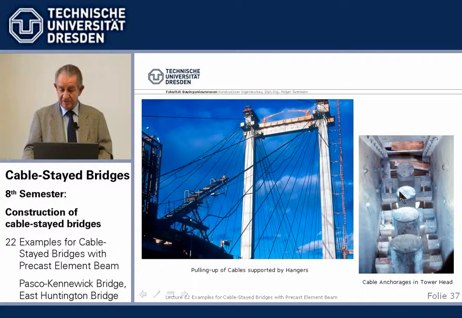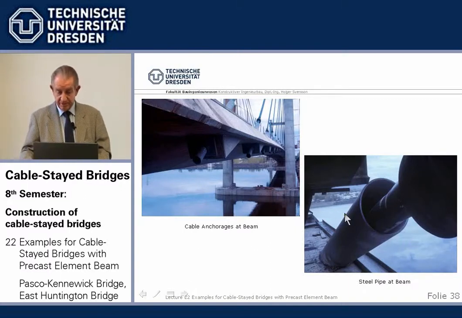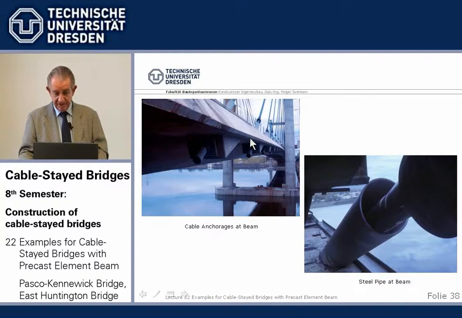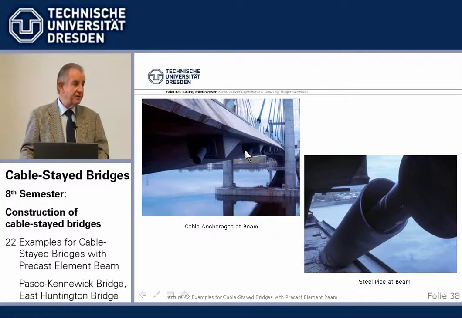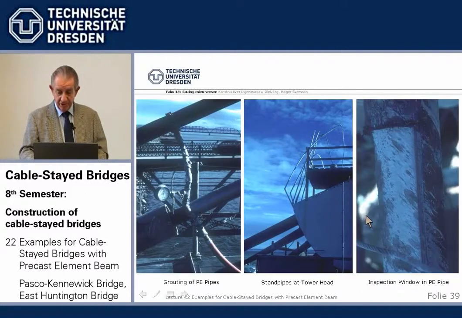Here we have the cable anchor heads resting on crossbars and shims, and on the other hand, at the beam, I showed you the detail, sticking through, sticking out. We like to show the flow of forces so that people can see, aha, that's the cable, that's where it's anchored, and it doesn't disappear somewhere in there. We have here from the top the steel pipe, and here a bell, a boot to cover the hole.